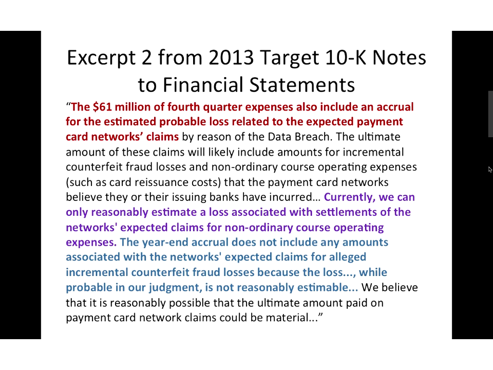So Target is saying, yeah, it's reasonably possible we're going to have some of these fraud losses, but no one knows yet, and they can't really estimate the dollar amount, so they're going to disclose it.